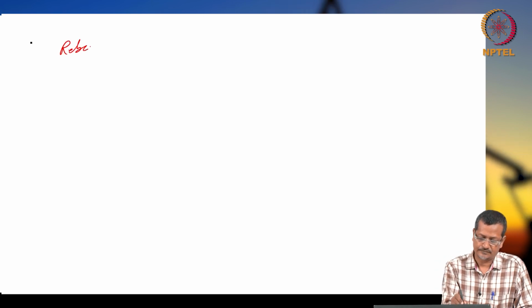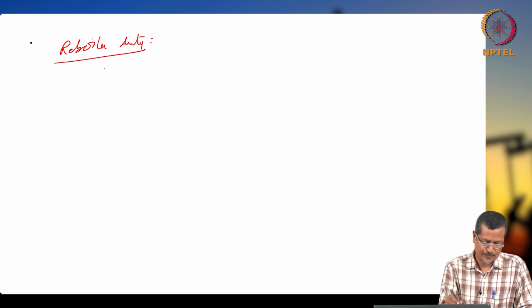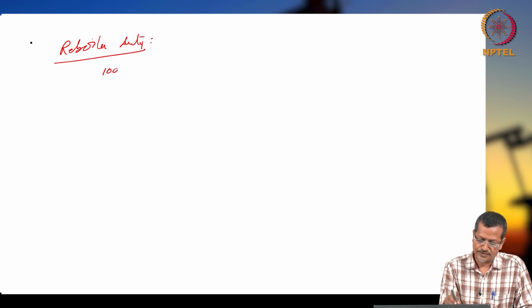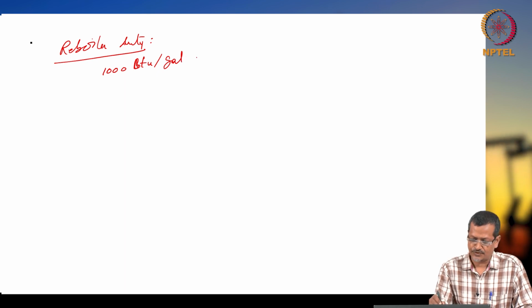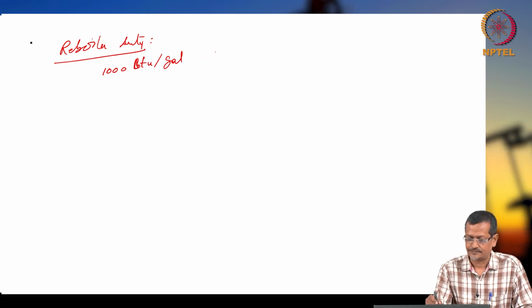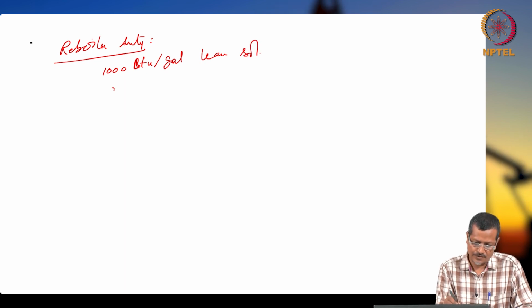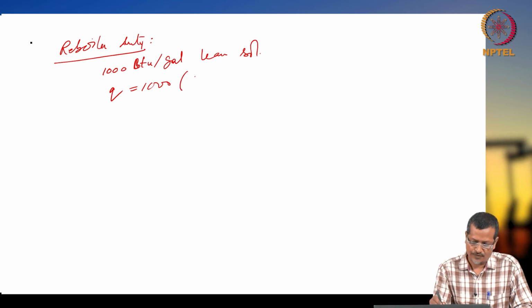Now reboiler duty. For the reboiler duty, we use 1000 BTU per gallon of lean solution. So Q, or heat transfer, will be 1000 into 559.